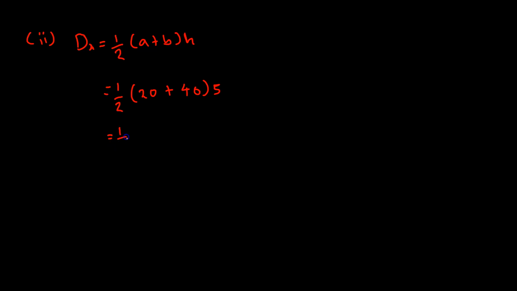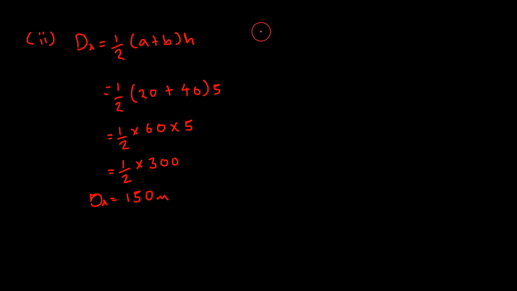So equals 1 over 2, 20 plus 40 gives 60, so we have 60 multiplied by 5, which gives us 300. 300 divided by 2 gives 150. So the first distance is 150 meters.